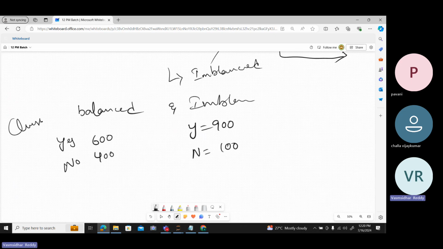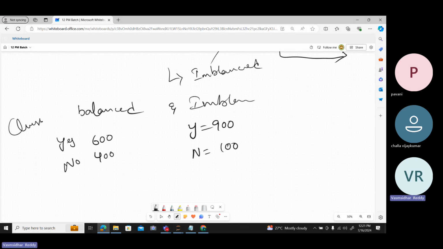Small variation is fine, a huge amount of variation is not good. It can be 500, 400 600, or 550 450. We don't see this much variation. If we have 900 100, it's imbalanced data.